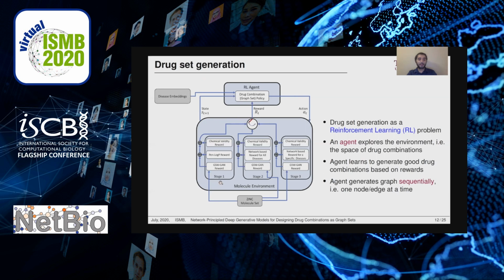At the first stage, we will make sure that each agent can design a proper compound. At the second stage, we will make sure that the agents can work properly together to design K compounds for a given disease. But we will do that across all diseases so that we can learn from different diseases. At the third stage, we will focus only on a specific disease and design for that specific disease.